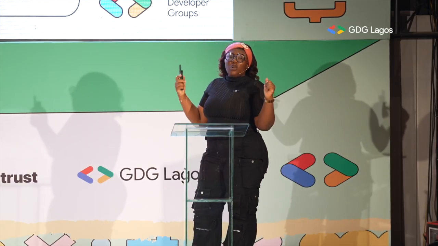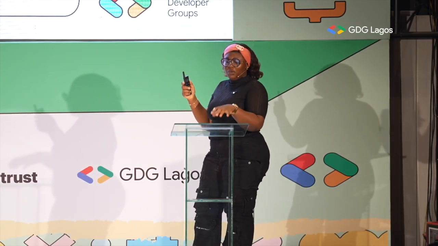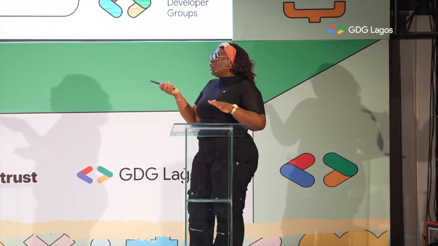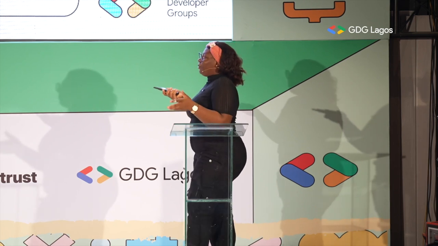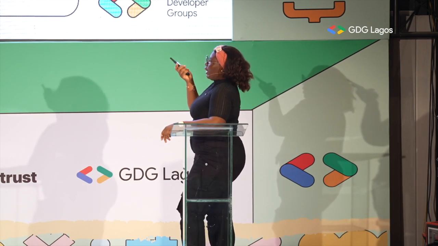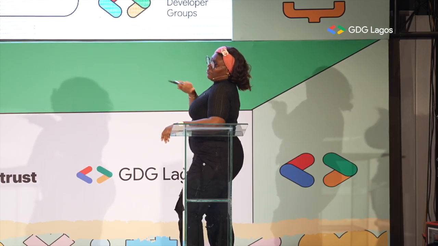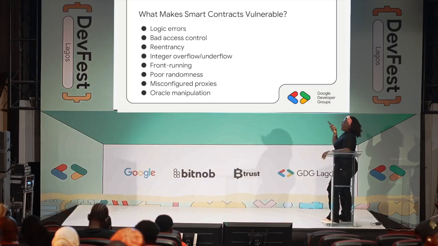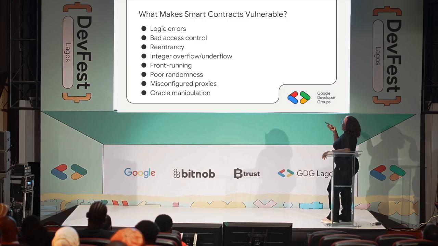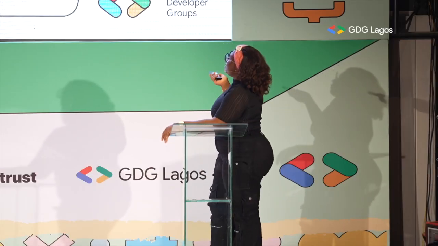Even as you're being careful, you've built your project, you have your contract, but you're trying to look for the latest market price from an oracle, maybe Chainlink, for example, you can be exploited through that if care is not taken, right? So these are some of the vulnerabilities in smart contracts.